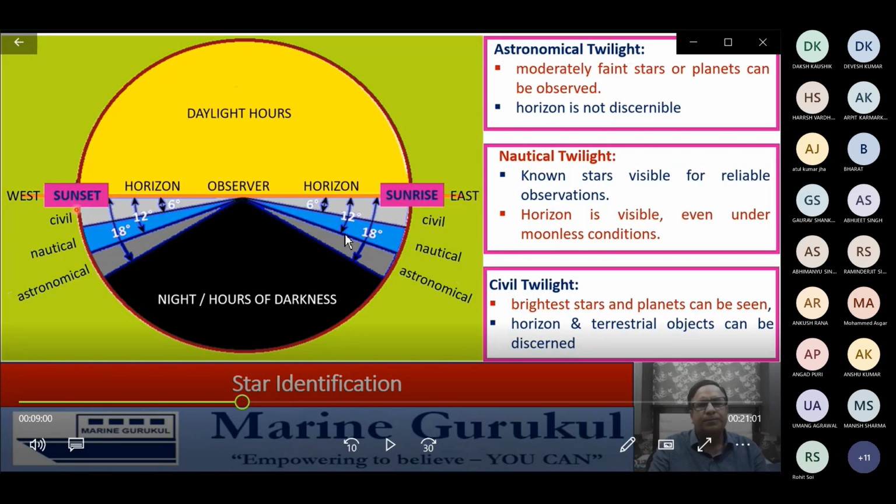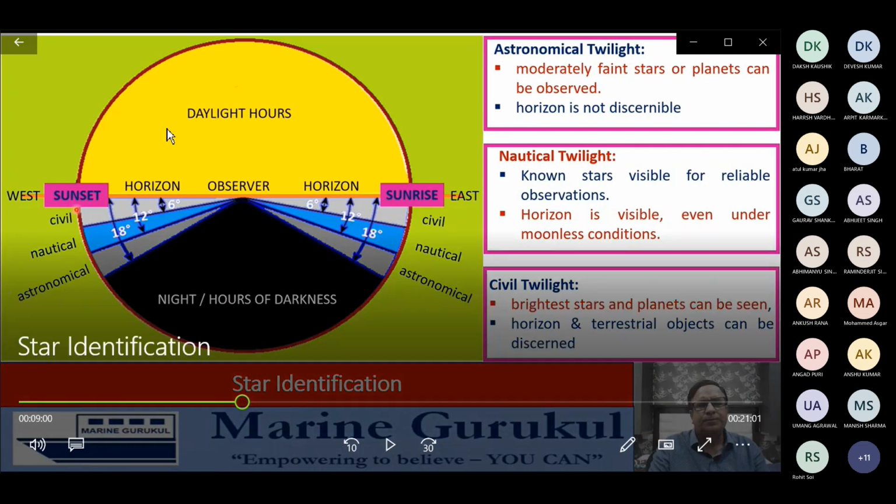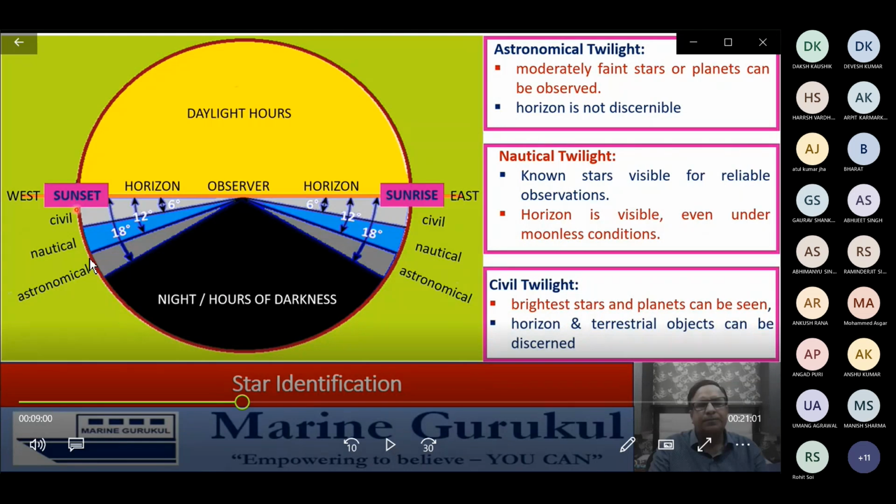So the most suitable time in the morning is from the commencement of the nautical twilight to the commencement of the civil twilight. And in the evening, it is from the ending of the civil twilight to the ending of the nautical twilight. That is the most suitable period.